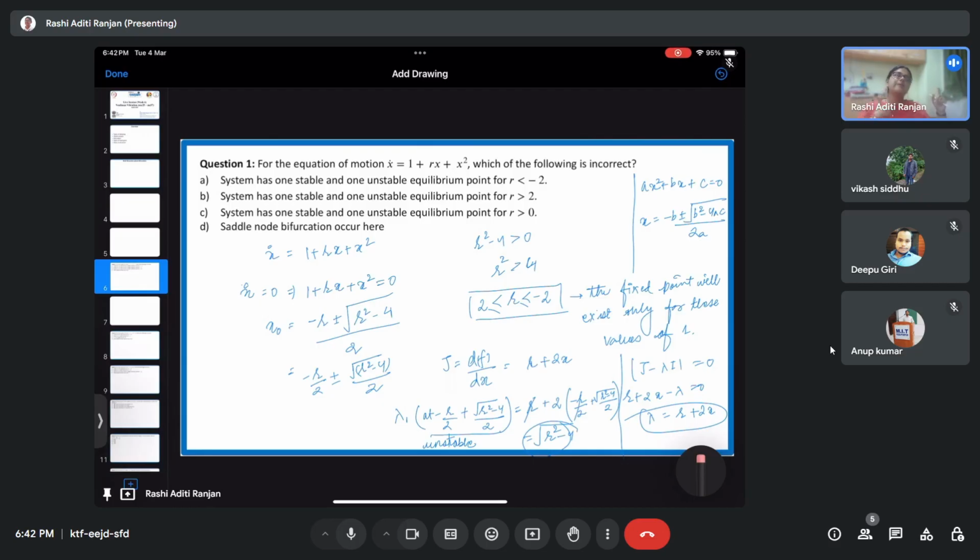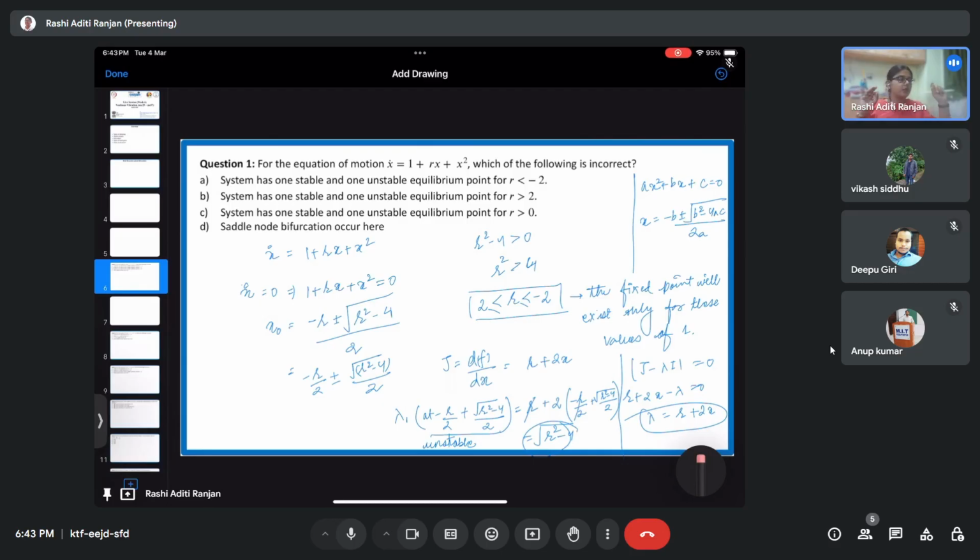But if you see over here, two saddle node bifurcations are happening. One is happening at -2 and the other one is happening at 2. So if I go from the negative axis towards the positive axis, what I see is that initially I have two equilibrium points. They come together, converge, and the fixed points disappear.